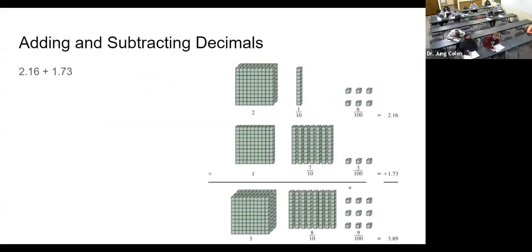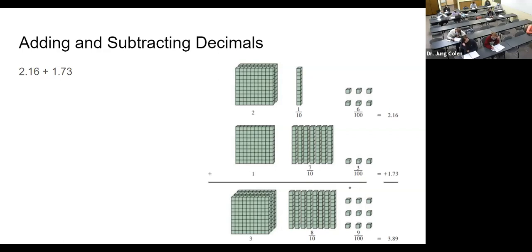Oh, if you want to use manipulatives like this, again, you can have 100 as one whole, or you can have 10 as one whole. It depends, so you need to make sure what your one whole is. If the flat is your one whole, the rod will be 1/10, right?